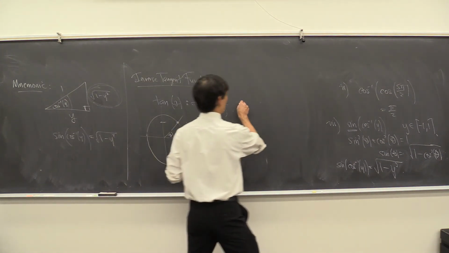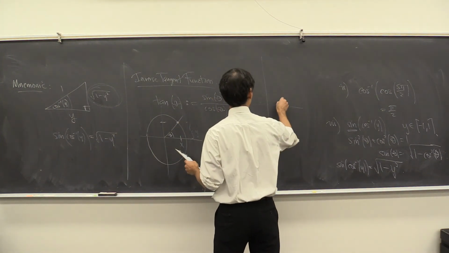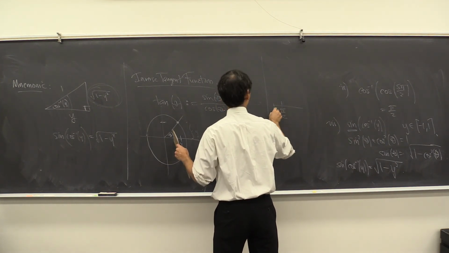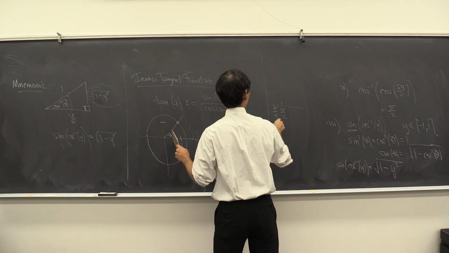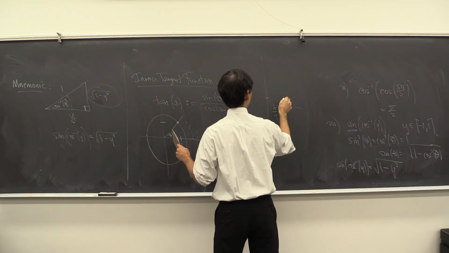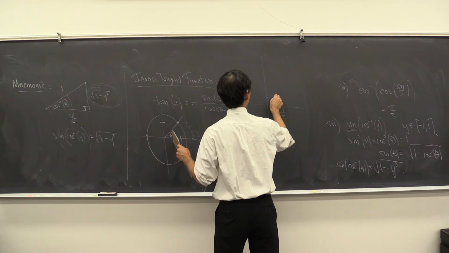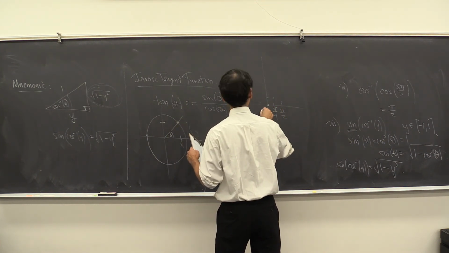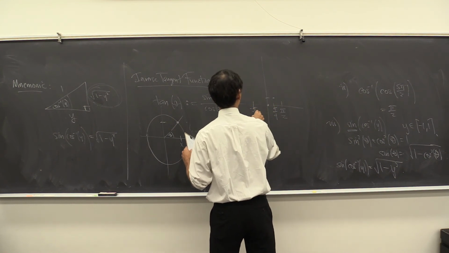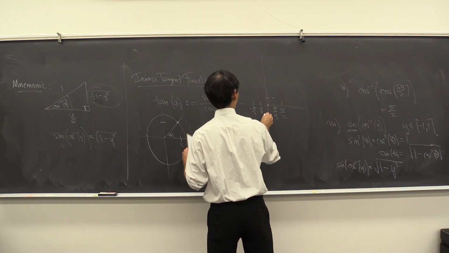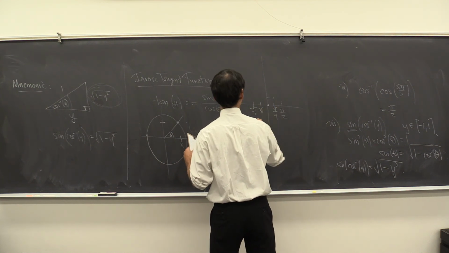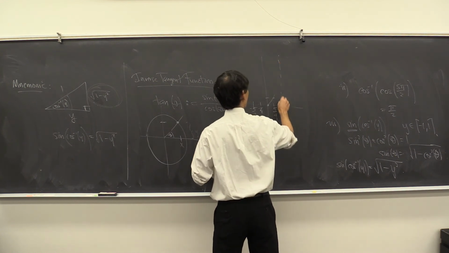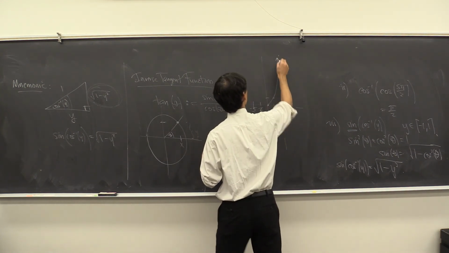So the graph of the tangent looks like this. At 0, it's 0. At pi over 4, it's 1, so 1 is somewhere around here. At negative pi over 4, it's -1, and as you head off towards pi over 2, it goes upwards towards infinity.